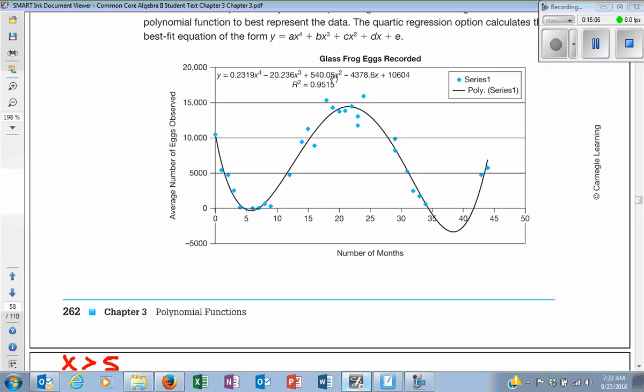Now, is this going to be exact data? No, because this curve is doing what? It's doing an average. It's predicting. It's saying, you know what? It's kind of like the line of best fit, but it's not a line. It's like a curve of best fit, right? Because you can see even the data here doesn't fall perfectly on the line, but is it a good idea of how many eggs are going to be out there? Yes, and that's all we're looking for with math.